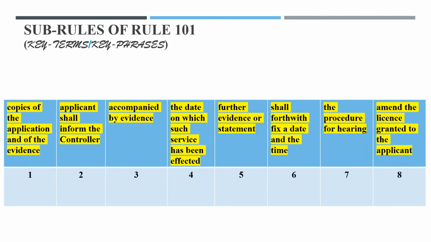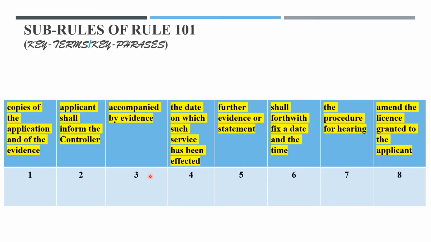Now we will discuss the key terms or the key phrases of the respective subrules of rule number 101. Okay, and in total there are 8 subrules for rule number 101. So let us observe the key terms of the respective subrules. Fine. Okay, so the key term or the key phrase for subrule 1 is copies of the application and of the evidence. The key term for subrule 2 is applicant shall inform the controller.